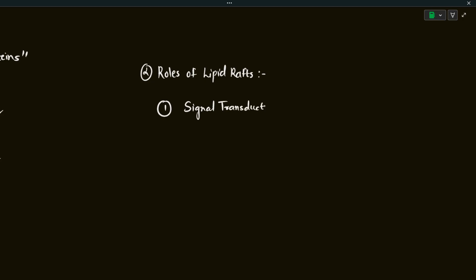They carry out the downstream signaling process because they have clustered receptors, like the T cell receptor, B cell receptor, and receptor tyrosine kinases. Due to all of those clustered receptors, the signaling is efficient.